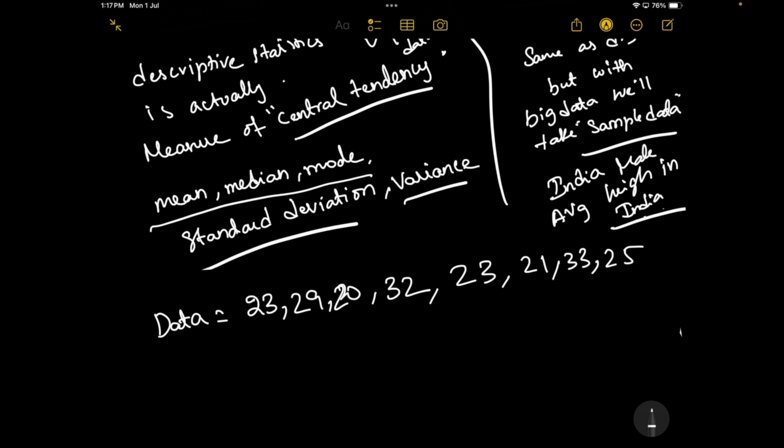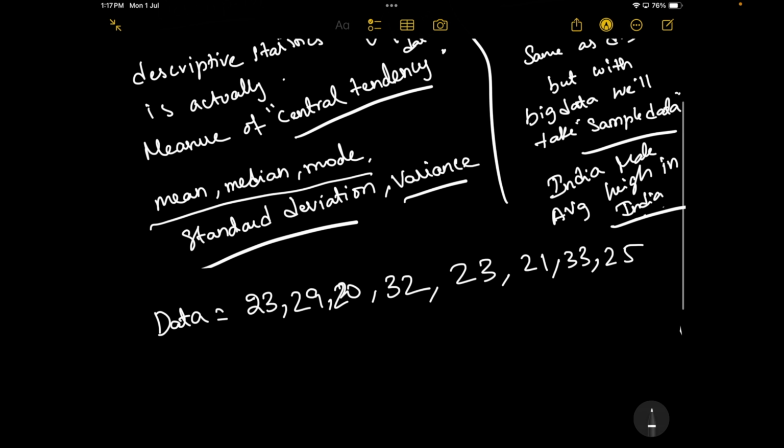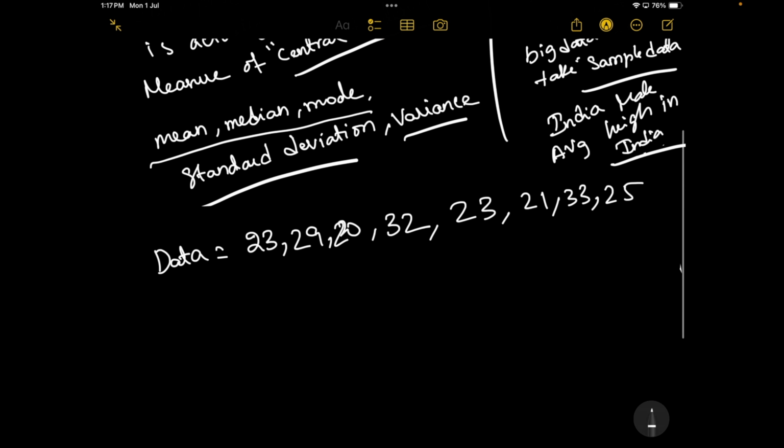After these two parts, we go to inferential statistics, and then probability. These are very important concepts for data science, and you need to learn them in a simple and slow way. First we have the average.